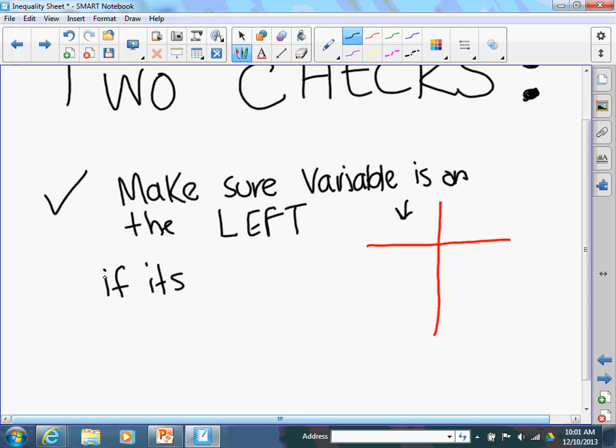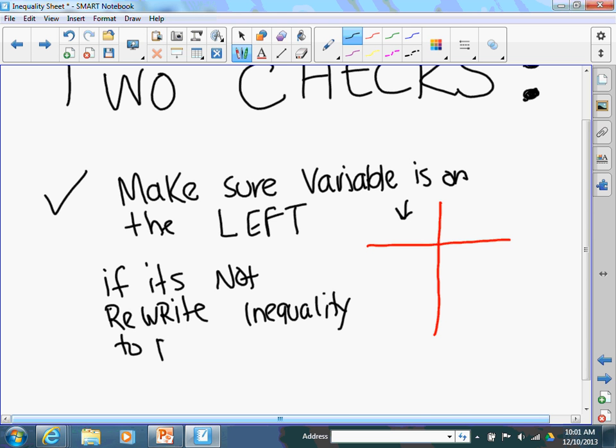If it's not, you have to rewrite it. So put the variable on the left.